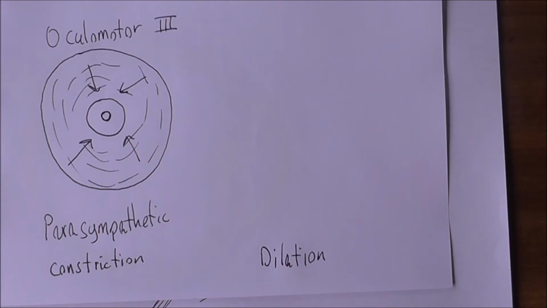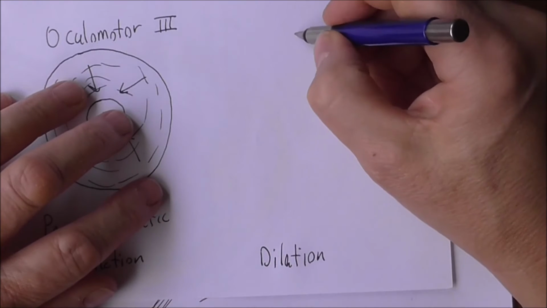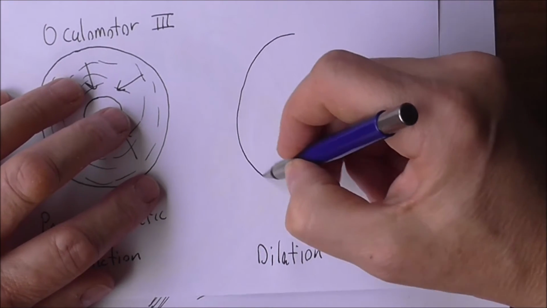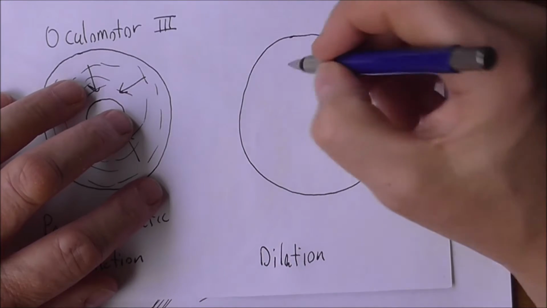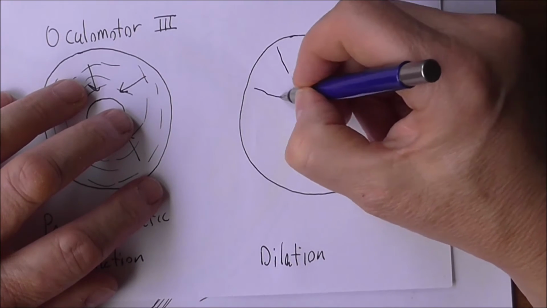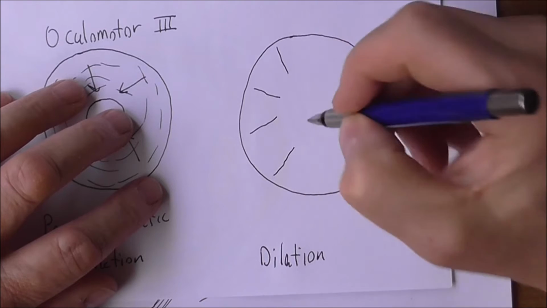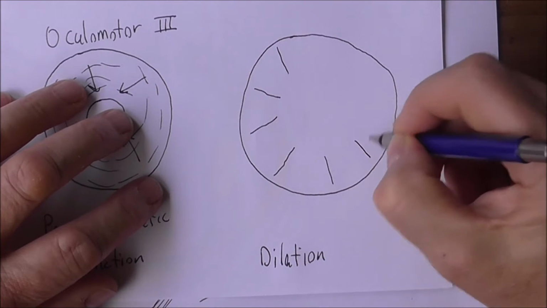Now, pupil dilation is brought about by contraction of radial fibres, called dilator pupillae muscles. So if we think about the outside of the iris again, there's also radial muscles in this direction, in that direction.